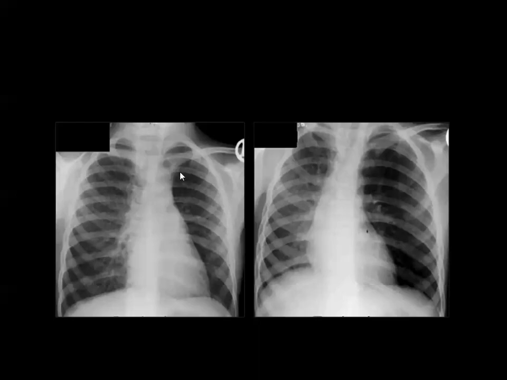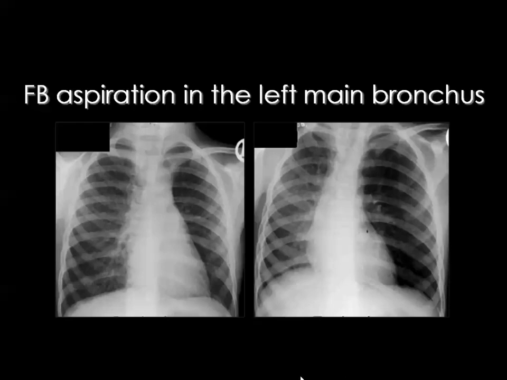During inspiration, the air will go into the lung, and during expiration, the bronchus will collapse on the foreign body, preventing air from going outside the lung. Then you got persistent hyperinflation during expiration, and this is diagnostic.